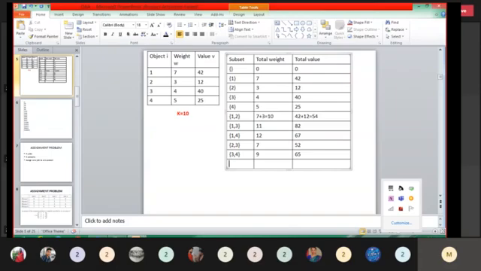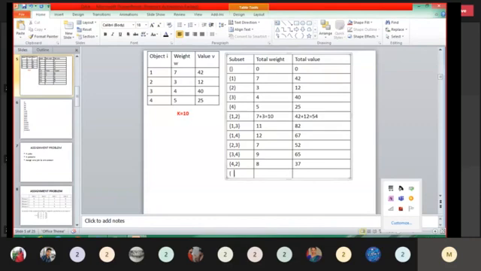So the subset is 4, 2 or 2, 4. What is the weight and value? Weight 8, value 30 plus 7, which is 37.